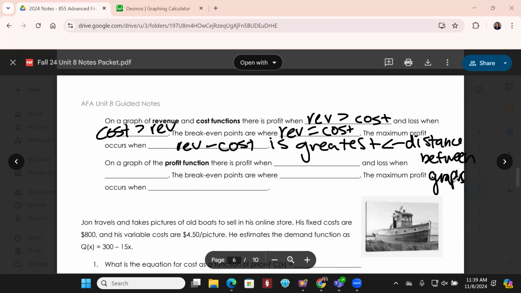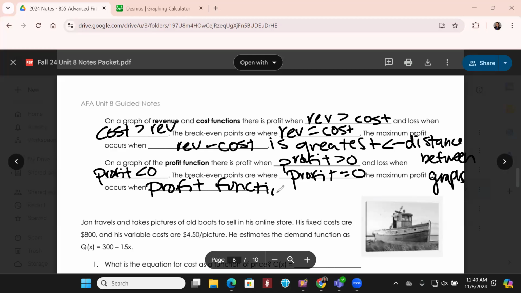Questions? Okay, on a profit function, that was the graph on the right-hand side. When the profit is bigger than 0, that is an actual profit. When the loss happens, that's profit is less than 0. Break even is where profit is equal to 0. And the maximum profit occurs when the profit function has a maximum.